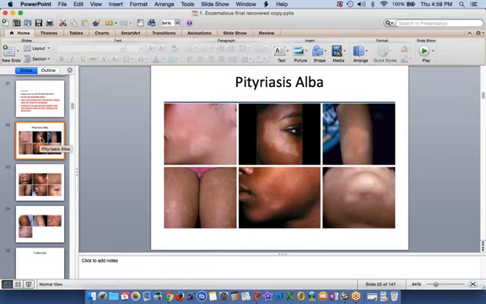So what is pityriasis alba? Okay, pityriasis alba is a form of eczema with a little bit less inflammation and practically no itching, that causes the melanocytes to become paralyzed by the amount of inflammation underneath the skin.